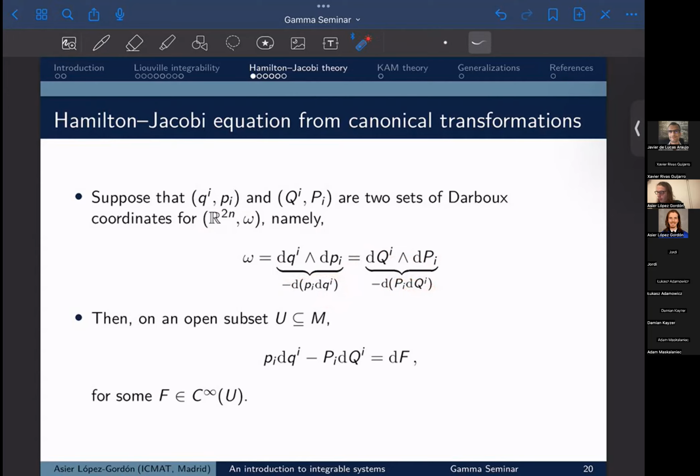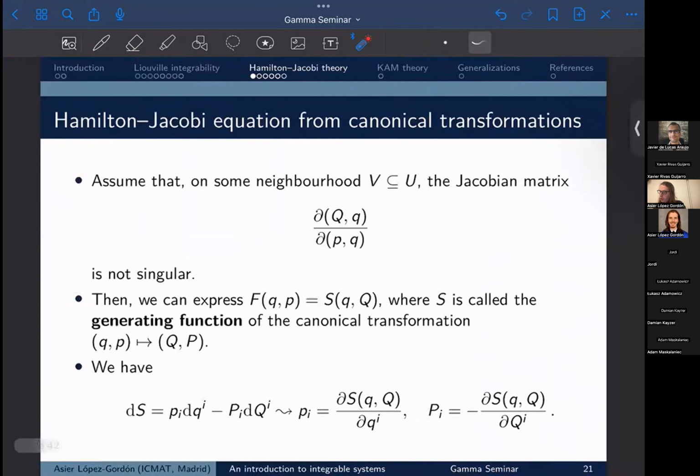Then on an open subset, the difference between these two one-forms must be exact for some function on this subset.